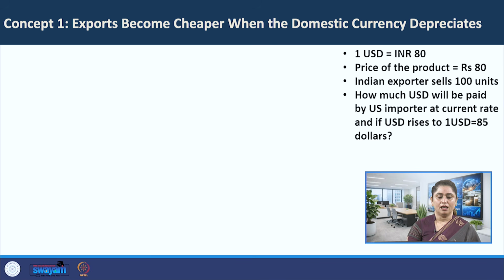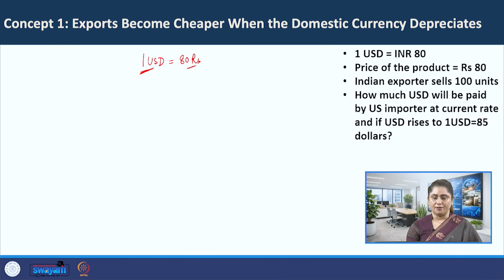Now, let us understand four basic concepts. Let's move from terminologies and the role of the central bank to a few concepts. Export becomes cheaper when the domestic currency depreciates. Right? Now, how does it become cheaper? Let us say 1 USD is 80 rupees. That means if we go to buy $1, we will have to spend 80 rupees.